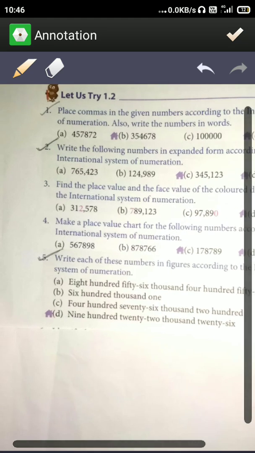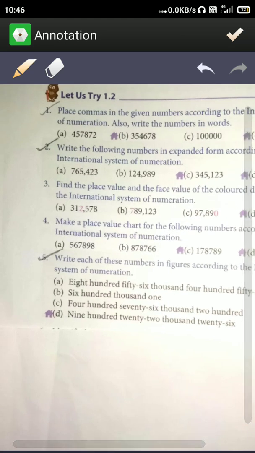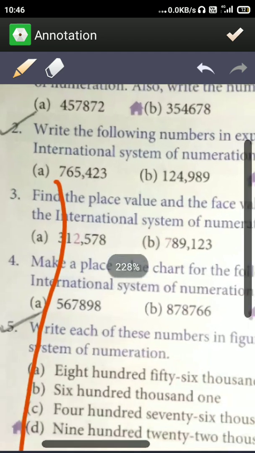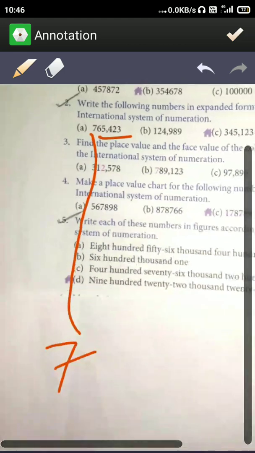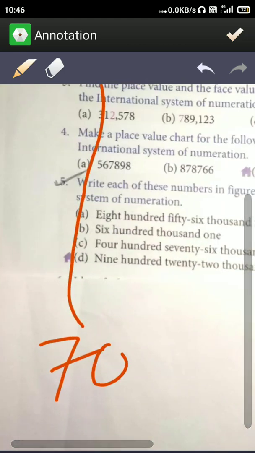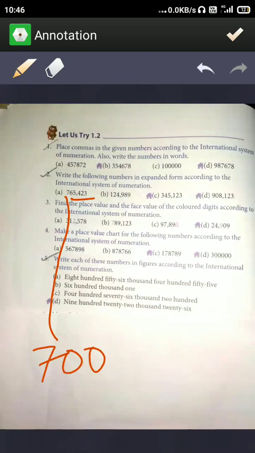Okay, so what is the place value of 7? After 7, how many digits? 1, 2, 3, 4, 5. So there are 5 digits, so there will be 5 zeros here. It is 700,000.